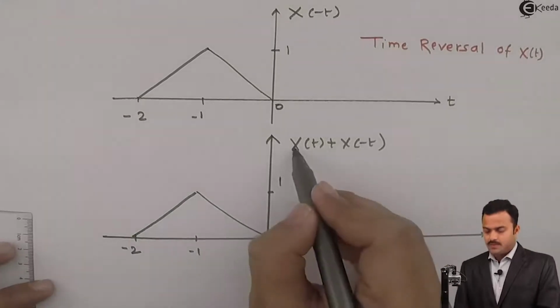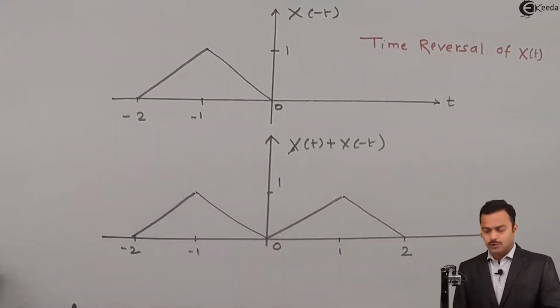And to get an even part, we need to divide this signal by 2.